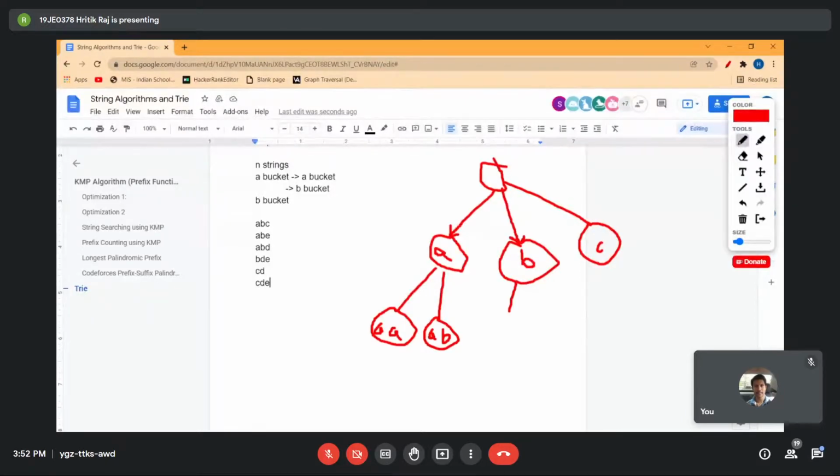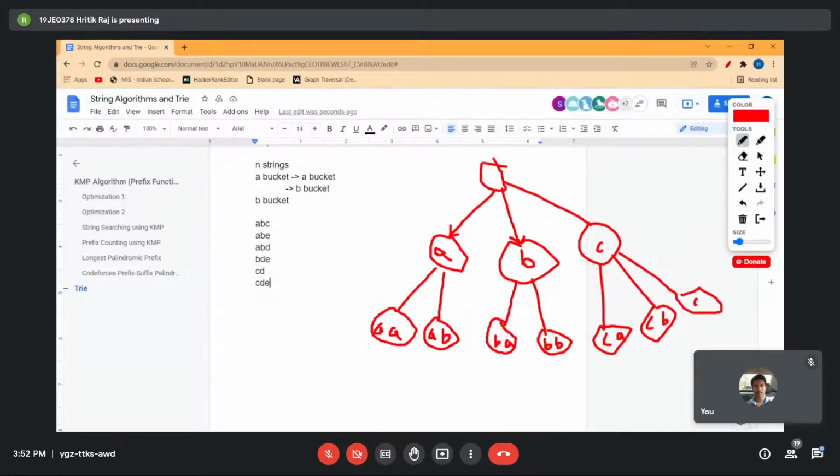For B, similarly, we can have BA, BB, and for C also, suppose we are having CA, CB, CC, CD.